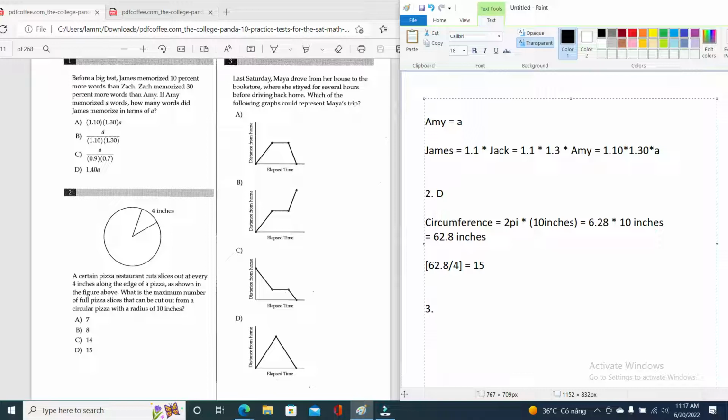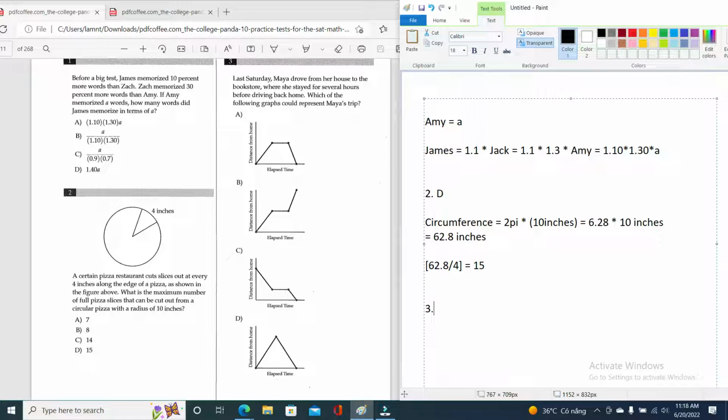So she was going far away from her house, and then she stayed at the bookstore, and the distance from home during the time she's at the bookstore stays constant, and then when she's driving home, the distance from her position to her home is decreasing.